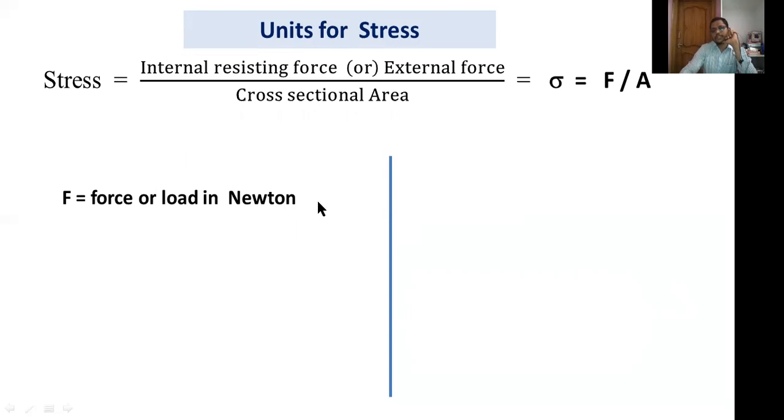Now A is the cross-sectional area. The cross-sectional area is in mm square, meter square, or centimeter square.